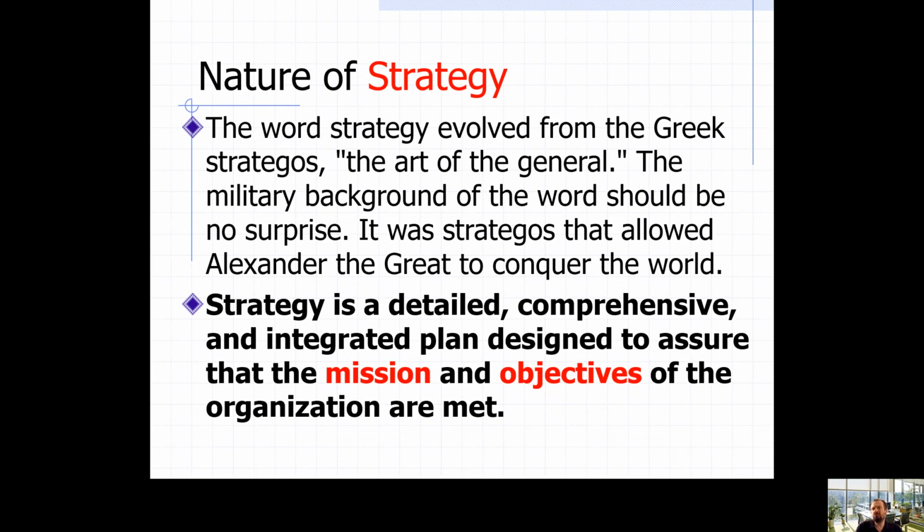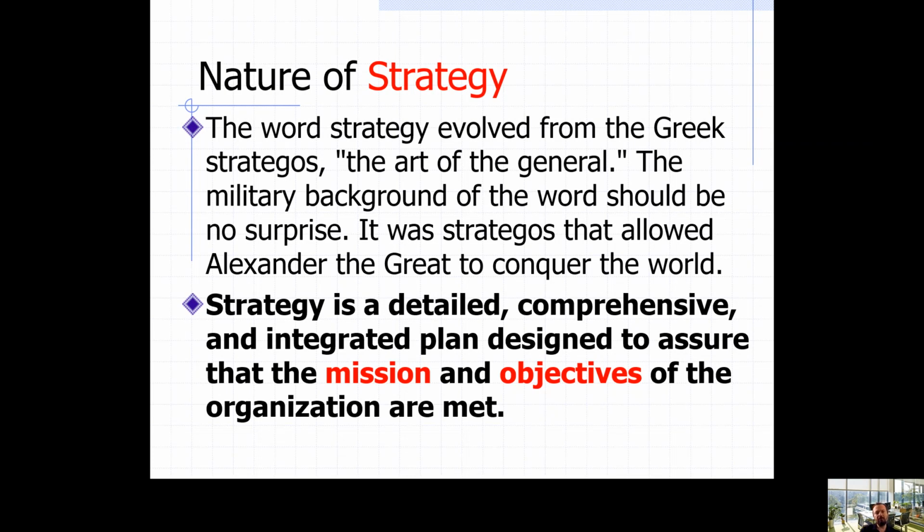You can say that it is a plan for an organization. But to provide a little bit more formal definition, you could say that strategy is not just a plan, but a detailed, comprehensive, and integrated plan designed to assure that the mission and objectives of the organization are met.